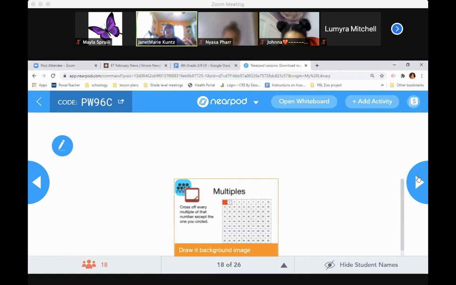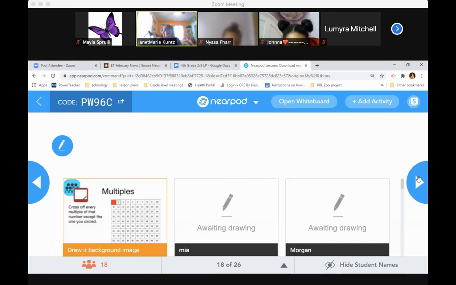All right. Cross off all of those multiples except for the ones that we circled. So basically we're skip counting by 2. Got it? So just cross off every multiple for that number except for the one you circled.